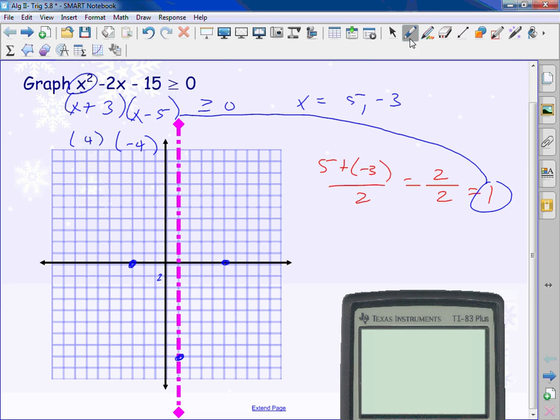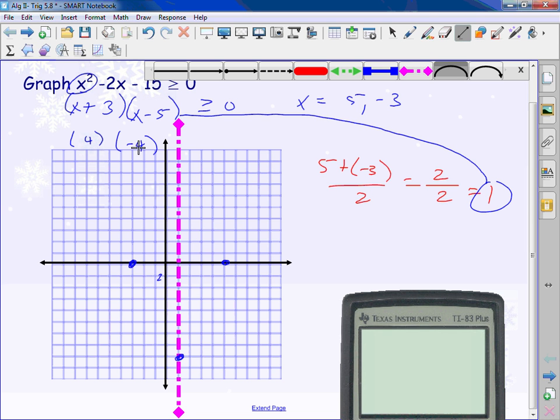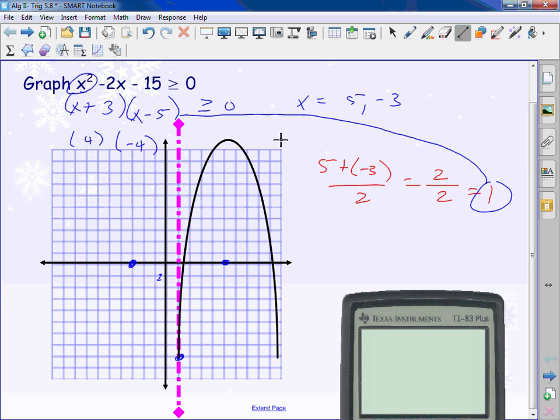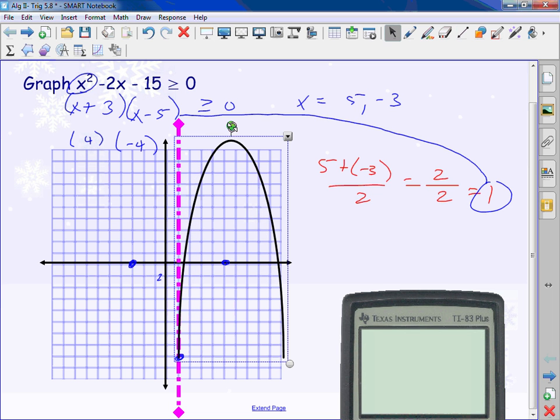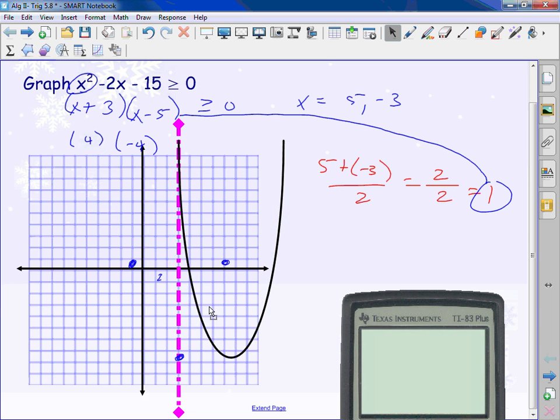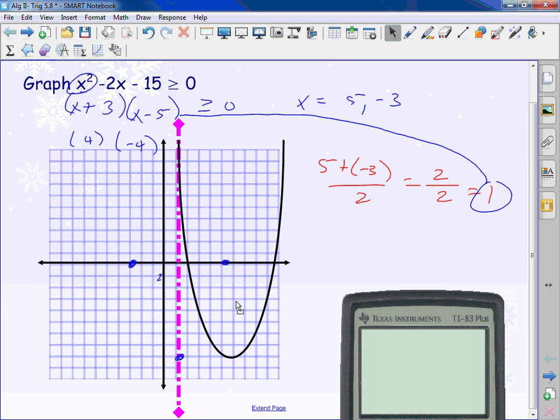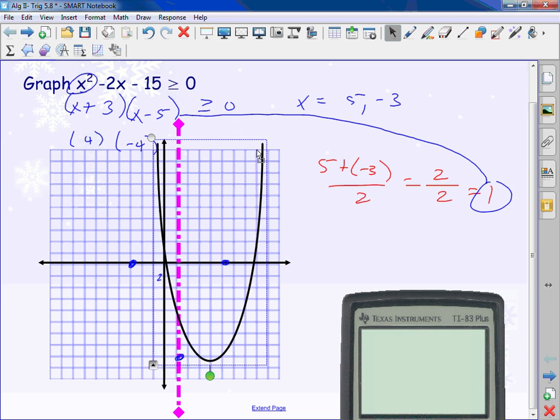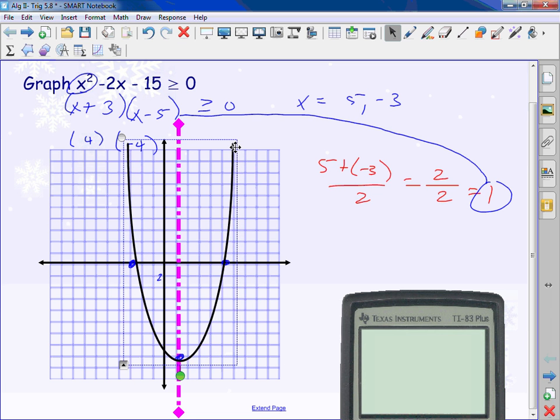That's my vertex. Pretty close. There's my parabola.